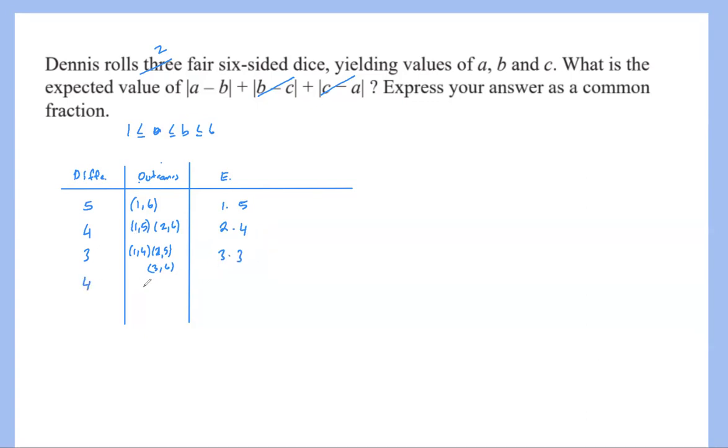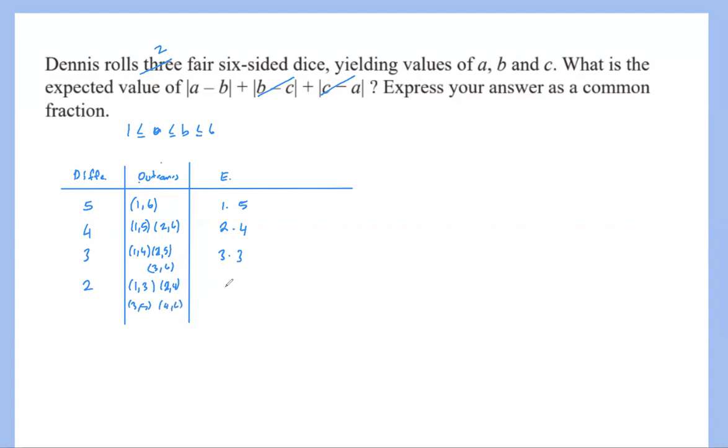And if I want to get a difference of, actually, difference of 2, then I could have 1, 3, 2, 4, 3, 5, and 4, 6.